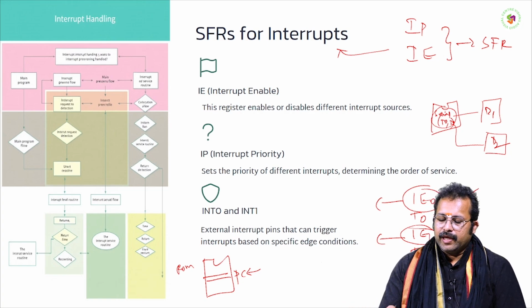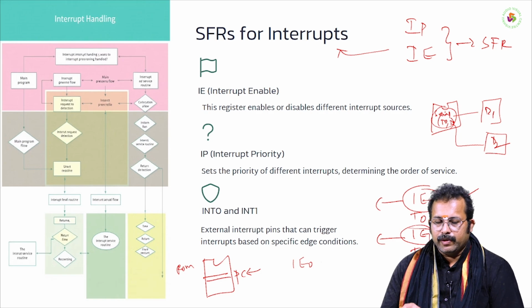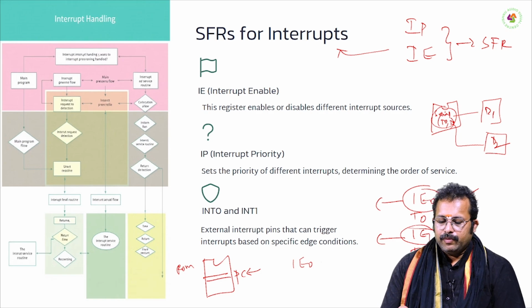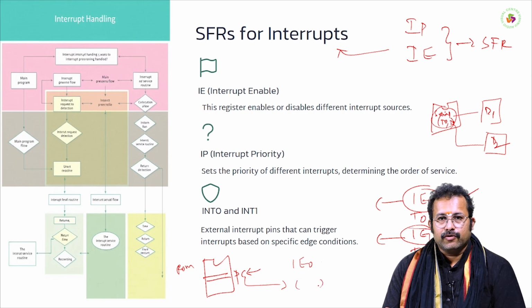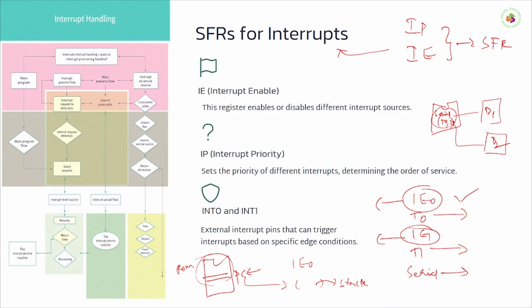See, IE0, external interrupt 0 came. It is of high priority, so the PC must acknowledge it. The PC will store the address of the instruction currently executing onto the stack, along with important variables, whatever you used for the previous instructions' execution, like A, B, ports, any information.